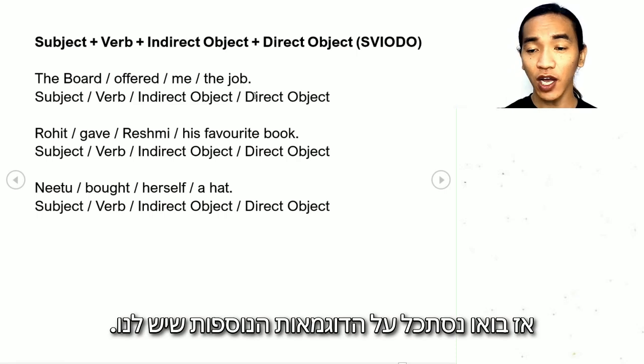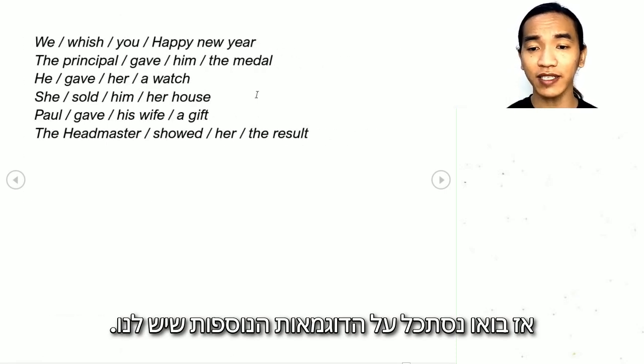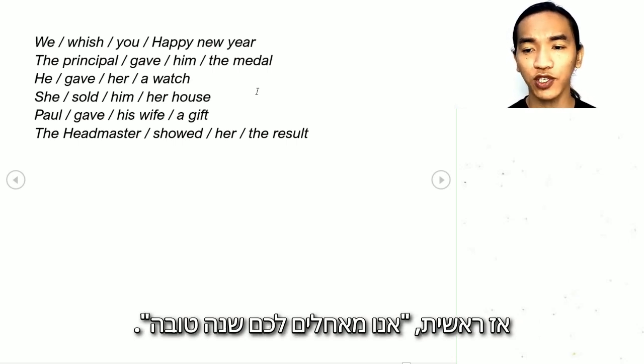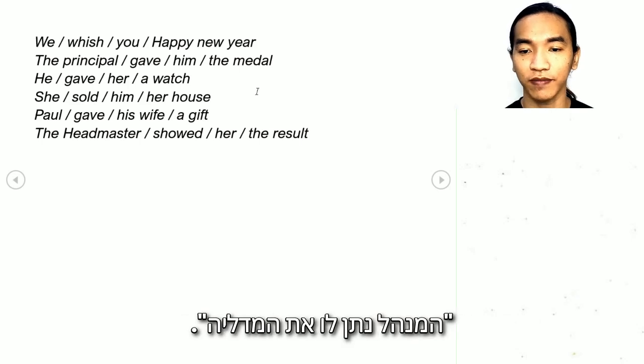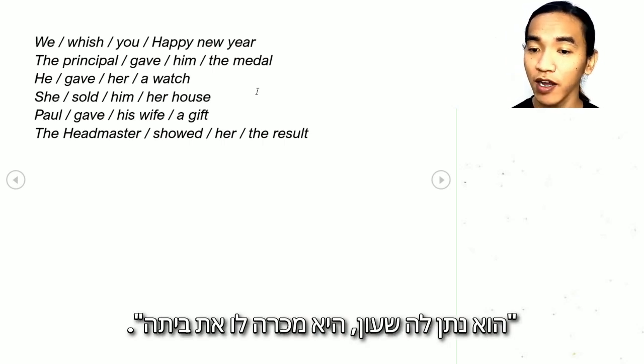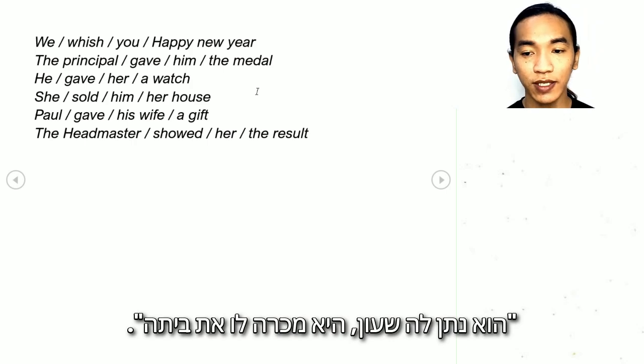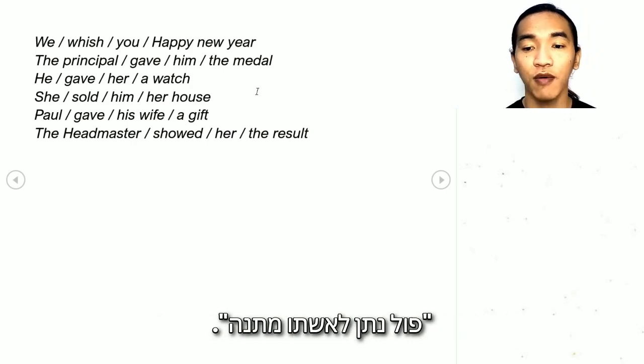Okay, so let's take a look at the more examples that we have. So first, we wish you Happy New Year. The principal gave him the medal. He gave her a watch. She sold him her house. Paul gave his wife a gift.